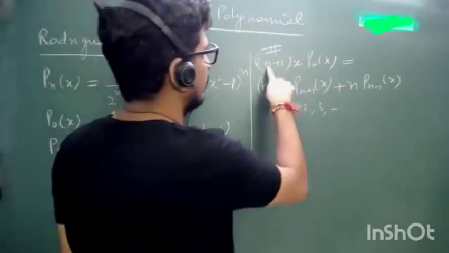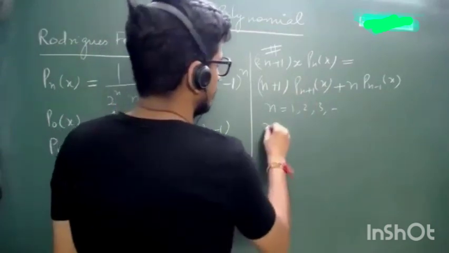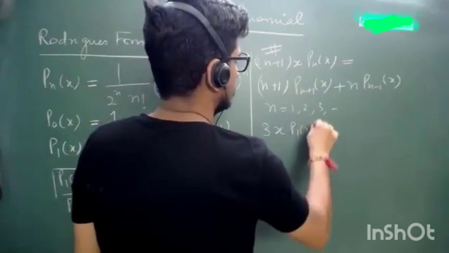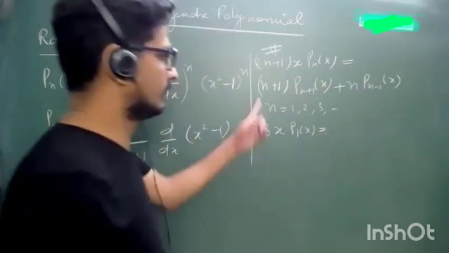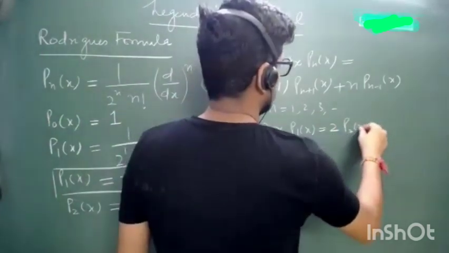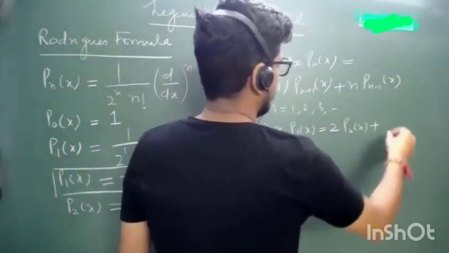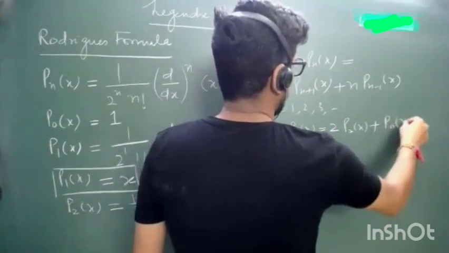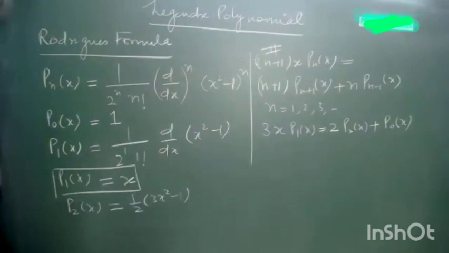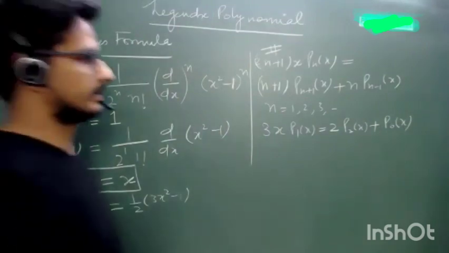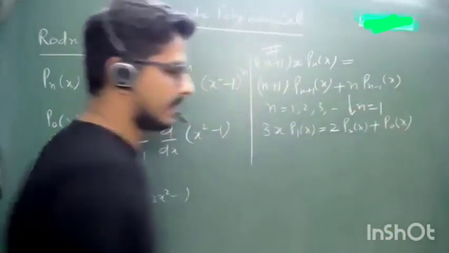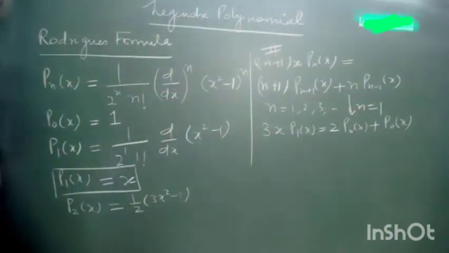So suppose n is equal to 1, I put it, what will come, tell me. 3x P1(x) is equal to, n is equal to 1, 2 P2(x) plus 1 P0(x). This relation will come. I have substituted n is equal to 1 in the above relation. So you will get this relation.